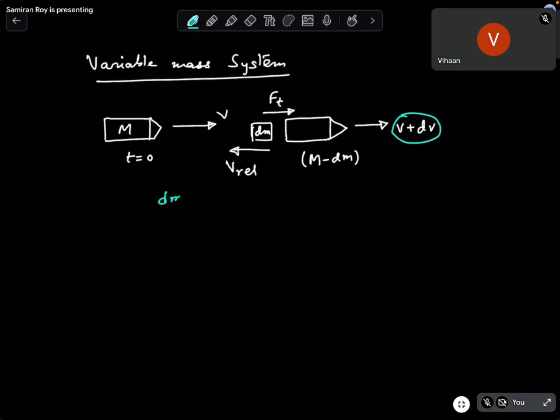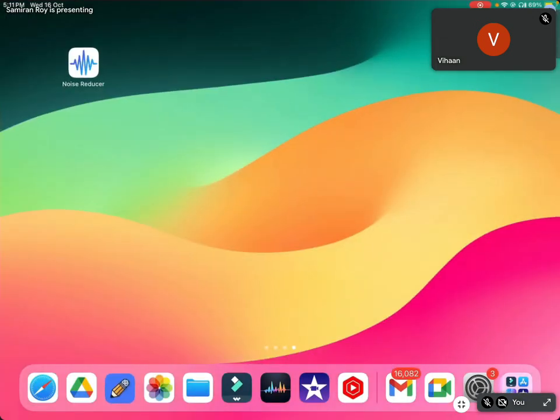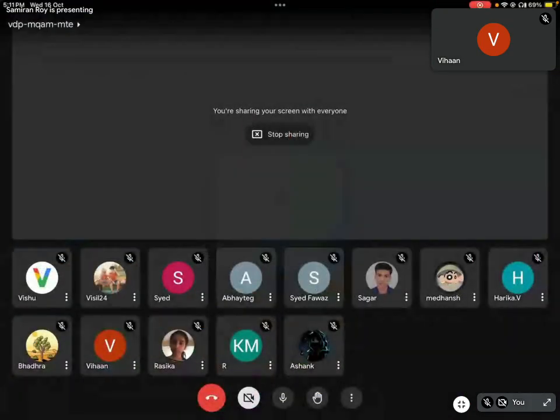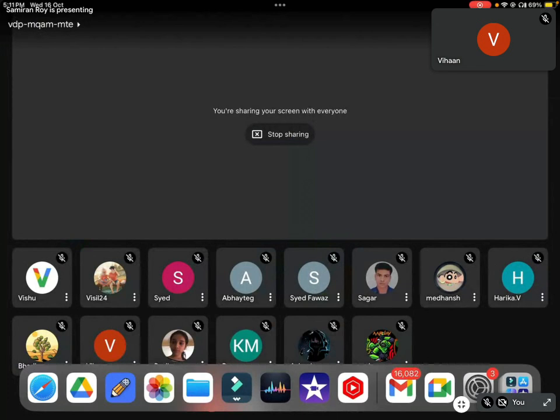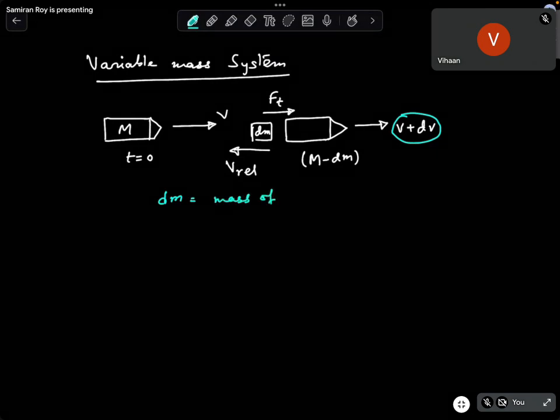What is dm? dm is the mass of exhaust gas.